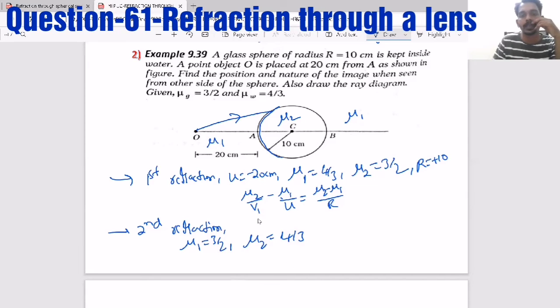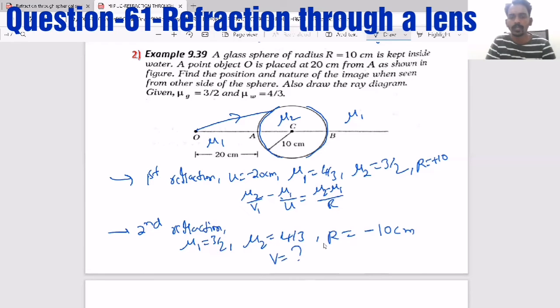The object distance you will conclude according to V1, and the radius of curvature will now become minus 10, because now this is the second surface. The ray coming is like this, so R will become minus 10. Then you have to find the final image position. So this way, when two refractions are taking place, you have to take two equations.